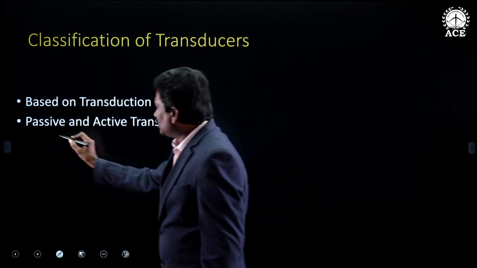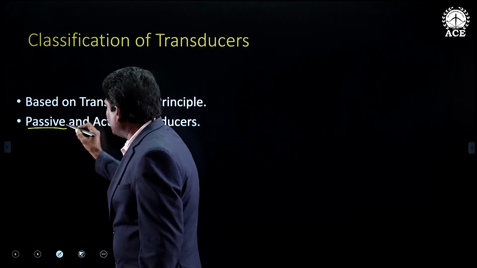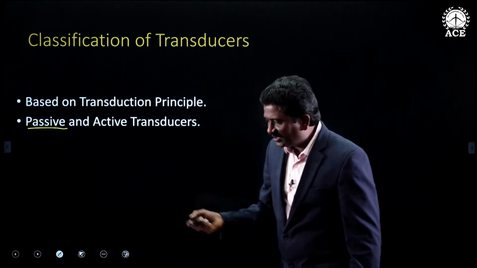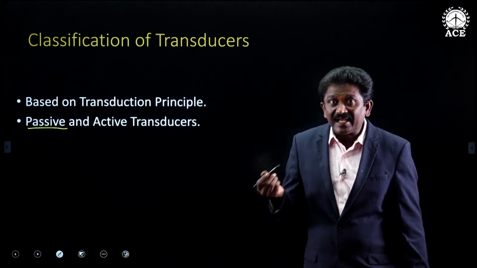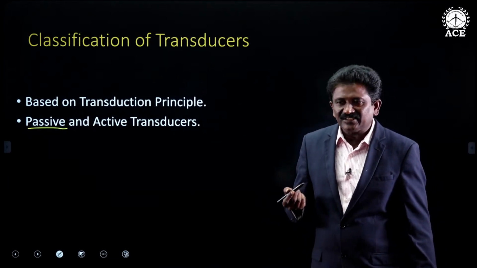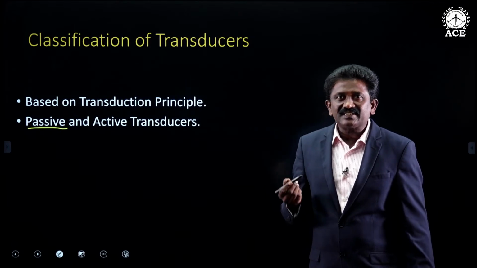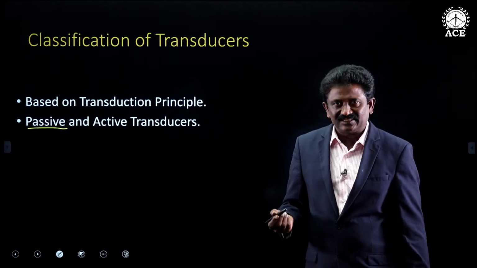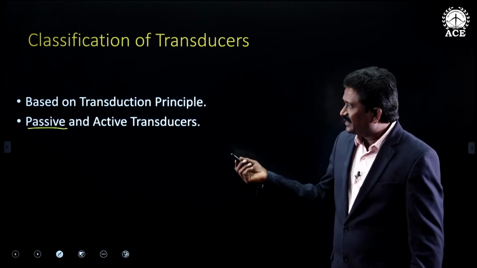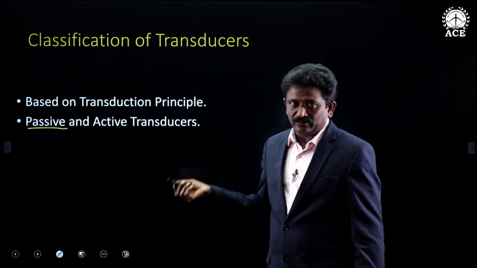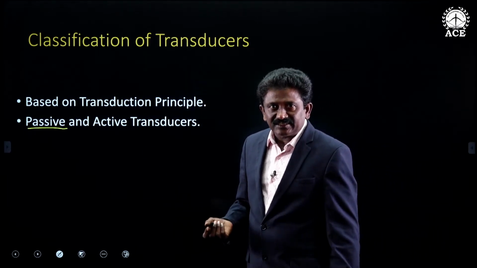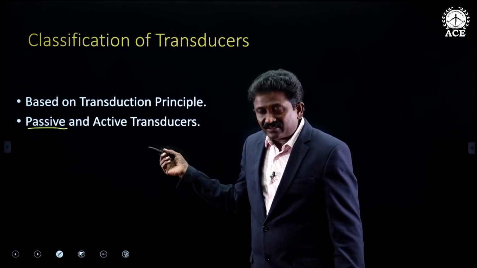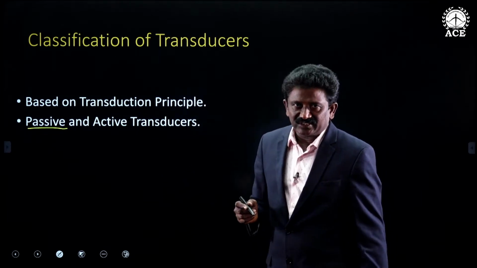So already you know the idea about passive elements. So according to our explanations, what are the passive elements? Passive elements are the resistance, capacitance and inductance. So that means with the help of resistance, capacitance and inductance, you can manufacture transducers.